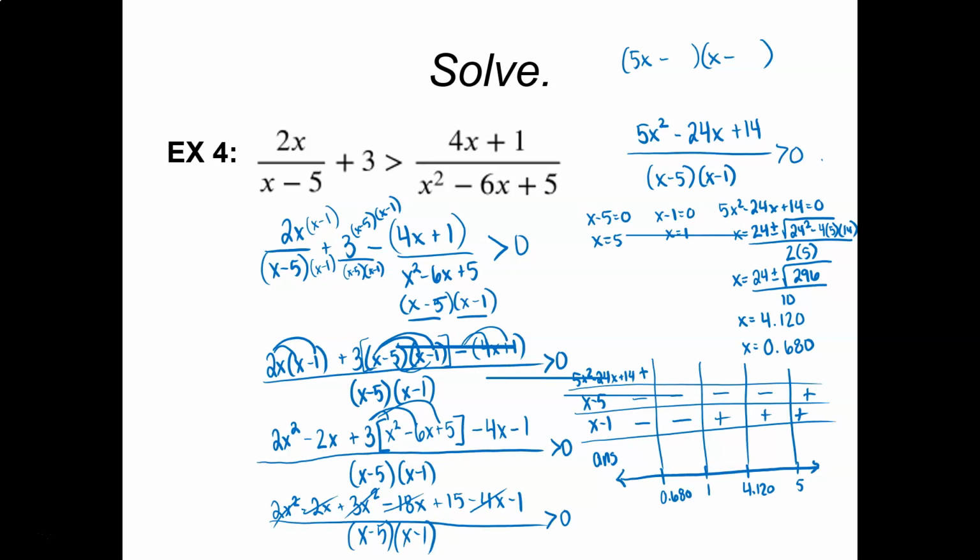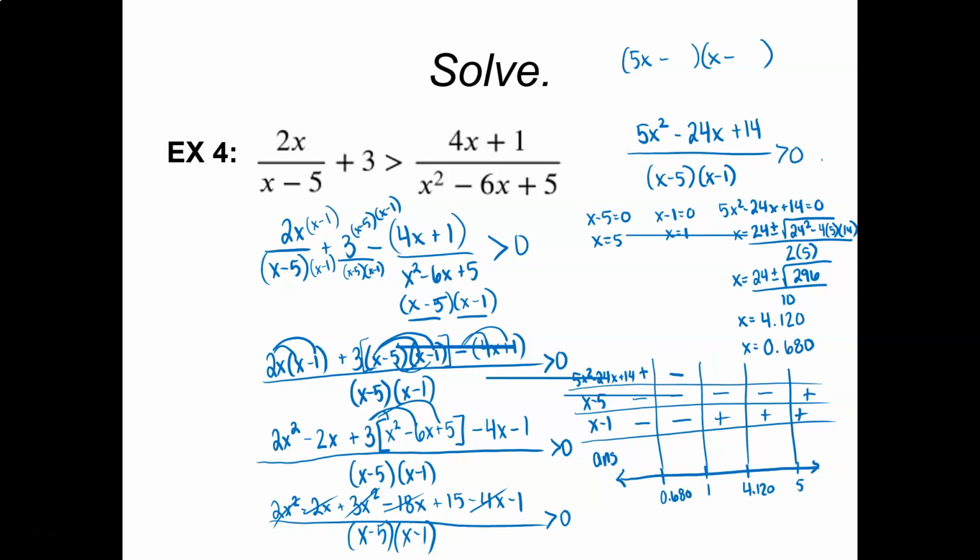So let's plug in 0.75: 5 times 0.75 squared minus 24 times 0.75 plus 14. That gives me a negative right there.